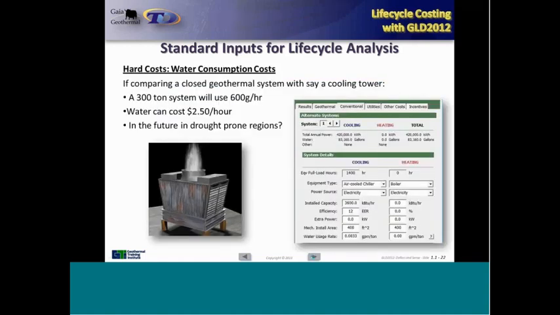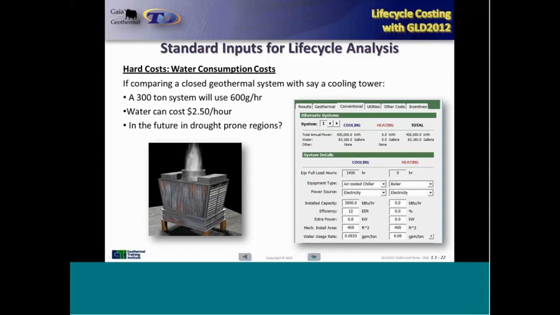Now, another hard cost that's worth considering, and I think is usually ignored, is water consumption costs. This is if you're comparing a closed-loop geothermal system with, say, a system that has a cooling tower, it's worthwhile thinking about water. So say a 300-ton system is going to use about 600 gallons per hour for cooling, and water will cost maybe $2.50 per hour in that situation today.